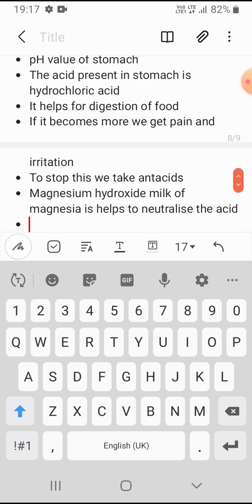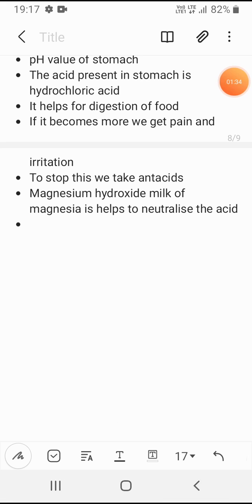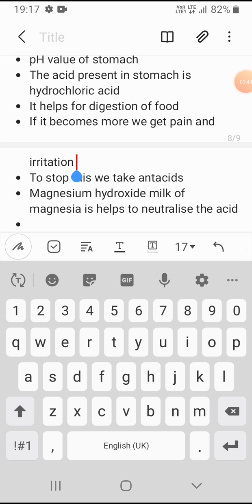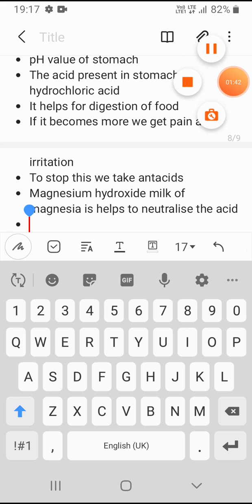It is used in antacids to neutralize the acid in the stomach.